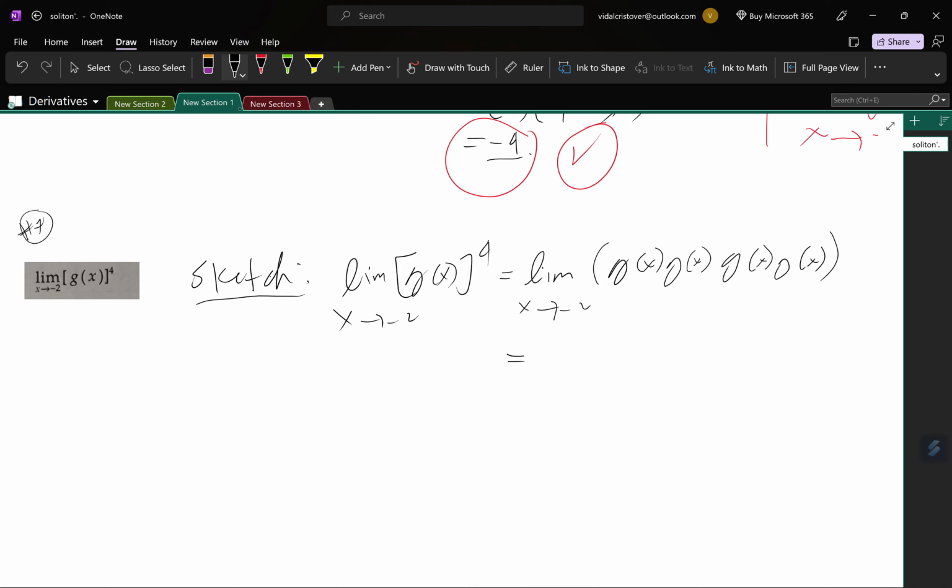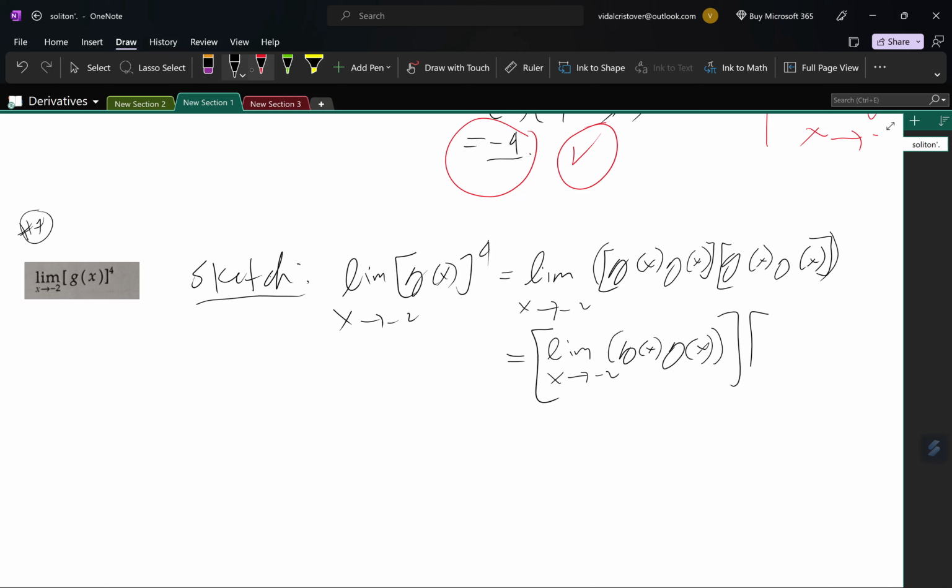Dayon, ang atong buhaton is i-grupo nato siya nga tinagduha. Okay? Then, mahimo na ni siya og limit as x approaches negative 2 of g of x times g of x, i-multiply dayon ni sa limit ni g of x times g of x, as x approaches negative 2.